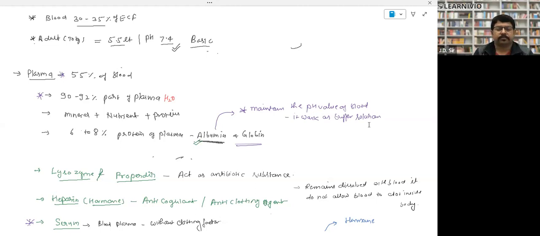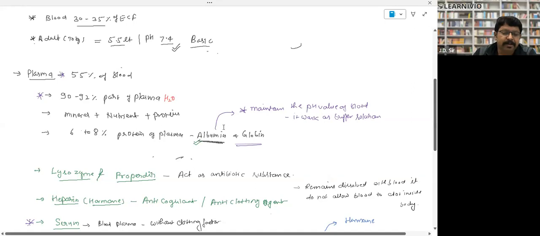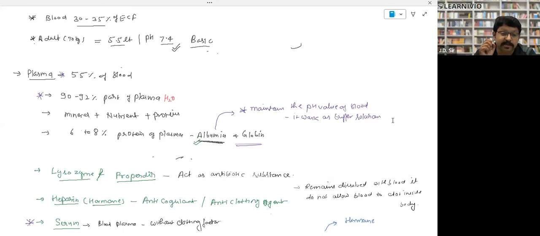So albumin is known as a buffer solution. Albumin works as a buffer solution. Got it? What is the definition of a buffer solution? Buffer solutions are those solutions which resist the change of the pH value of the blood. Albumin is the only buffer? Exactly, albumin works as a buffer solution or buffer salt.